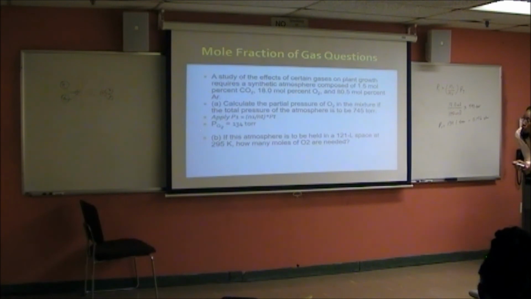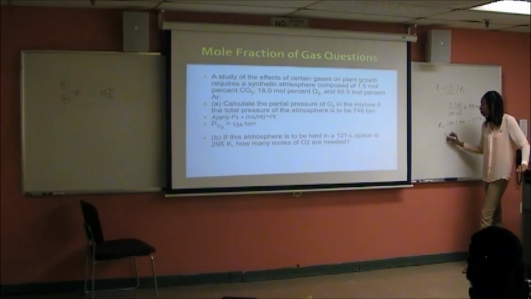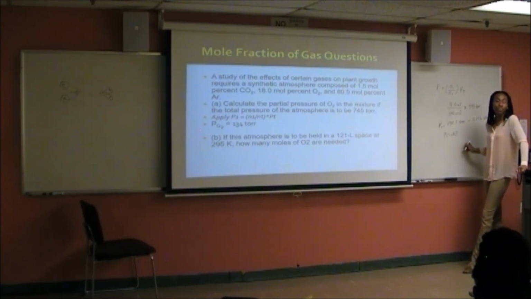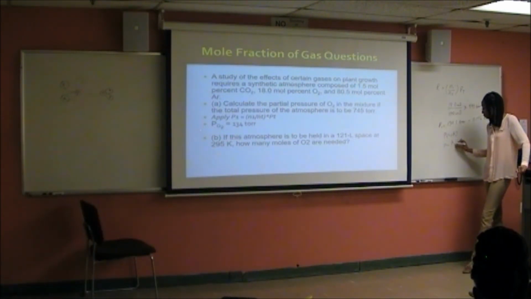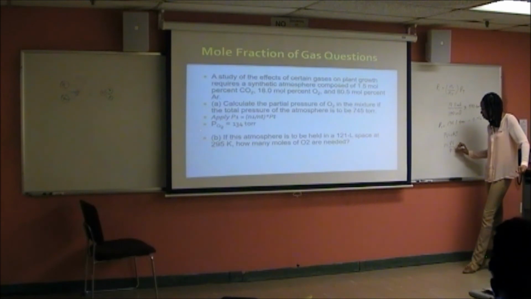They give you volume, so PV equals nRT. What are they asking you to find? N. N equals PV over RT.